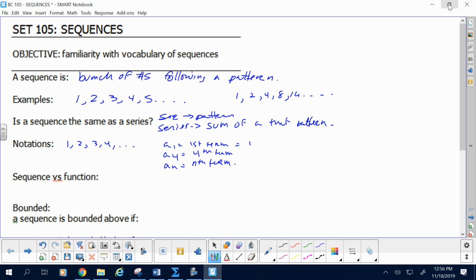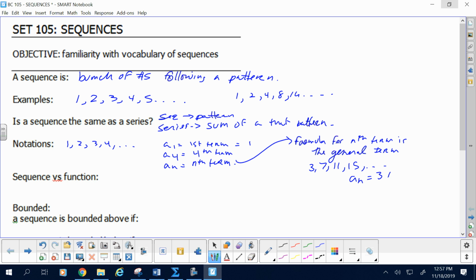All right. The formula for the nth term is the general term. So, for example, if I said, hey, here's a pattern, 3, 7, 11, 15, and you'd say the nth term is 3 plus 4(n minus 1).